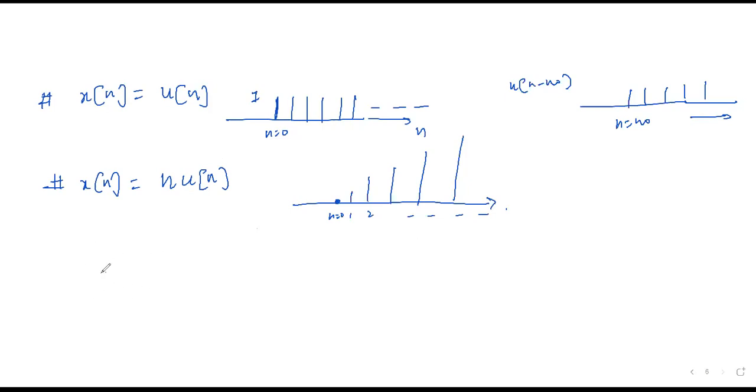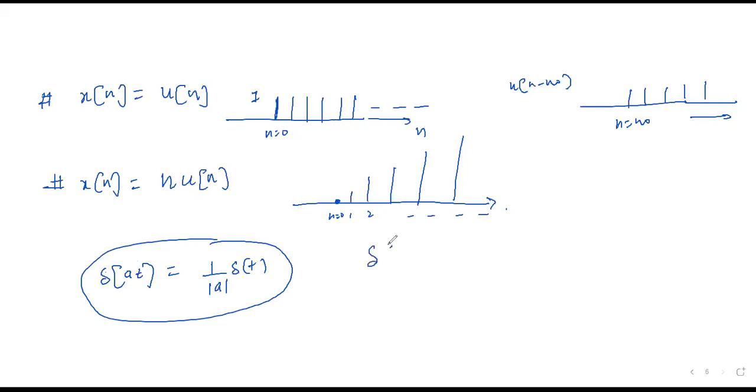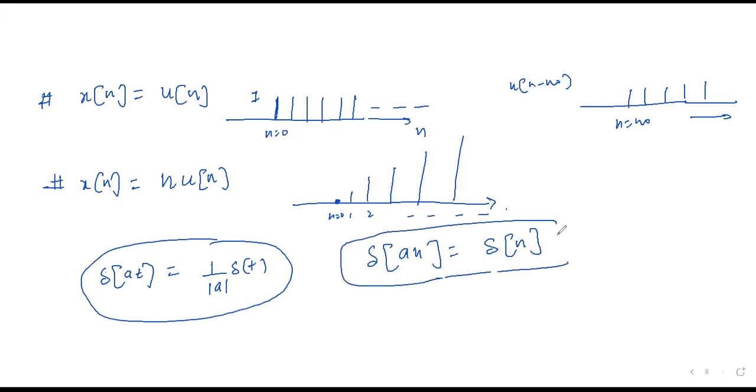Delta of at equal to 1 upon mod of a delta of t. But here delta of an is equal to delta of n, because this is discrete, there will not be any change in thickness.